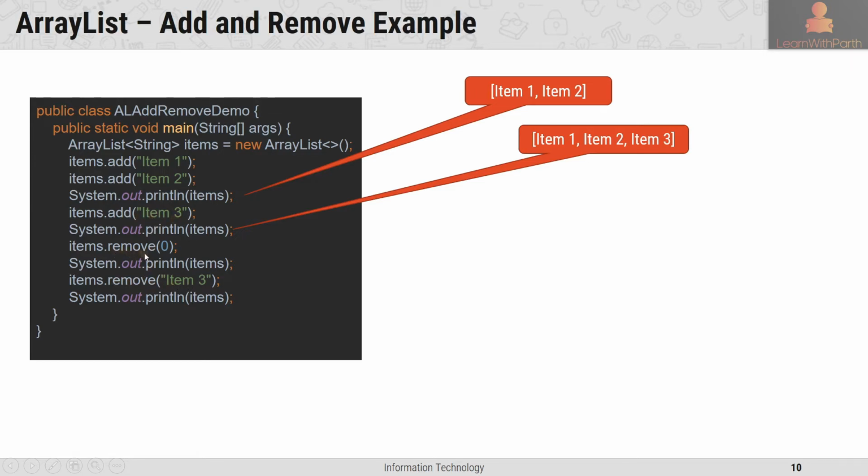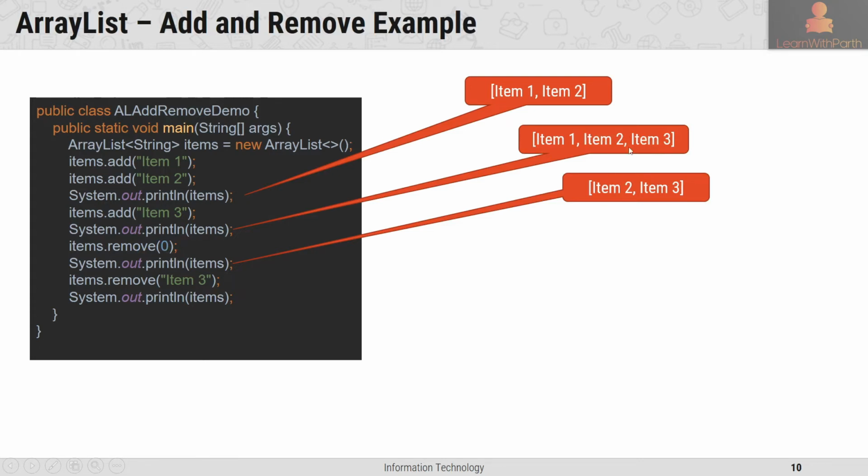When remove(0) is called, item 1 would be removed. So when System.out.println of items is executed after removing 0, the ArrayList would have only two elements, item 2 and item 3, because we have removed item 1. Why? Because item 1 has index 0, item 2 has index 1, and item 3 has index 2.